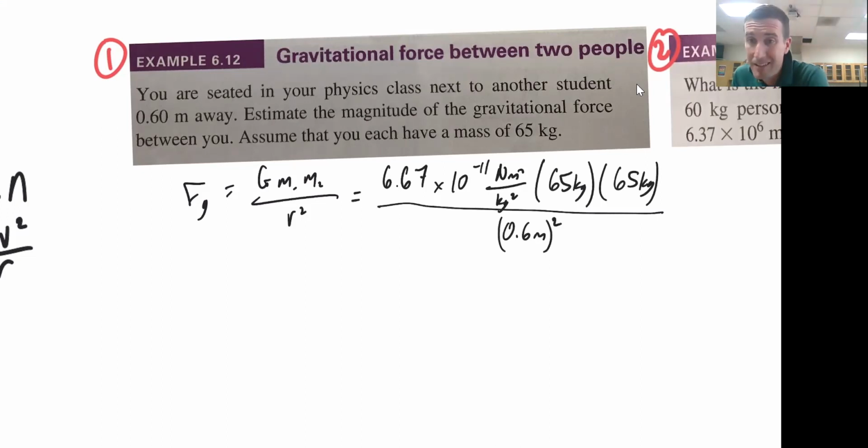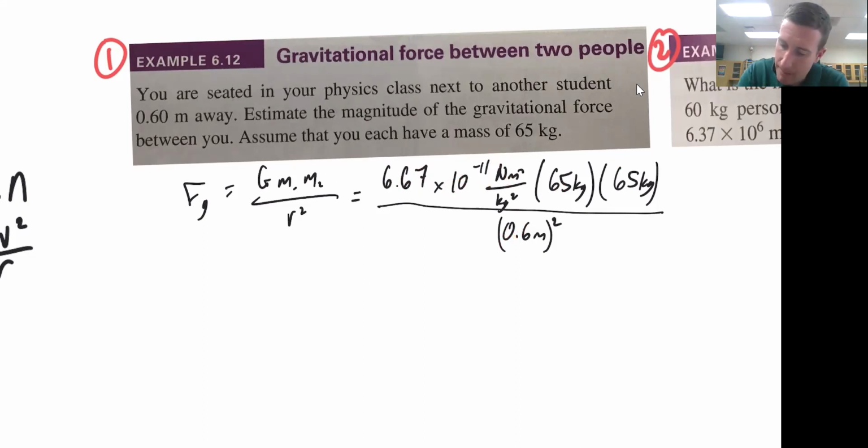Okay, so basically this is a pretty easy problem. The only tricky thing is that we've got these darn exponents out here. That's scientific notation, 10 to the negative 11th. That's going to make things tricky. So I'm going to multiply the top parts together, the whole number parts, and then I'm going to keep that times 10 to the negative 11th, and then I'll deal with it later. I'm going to deal with the bottom, and then we'll go from there.